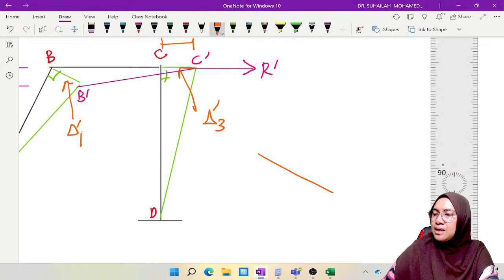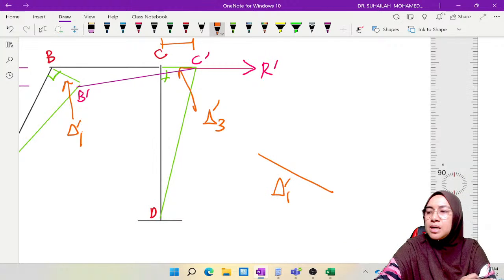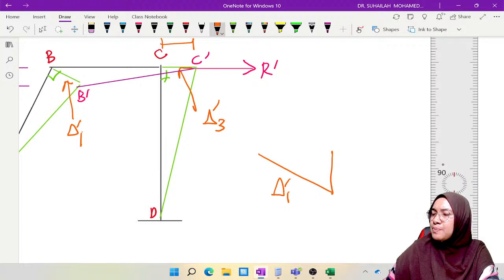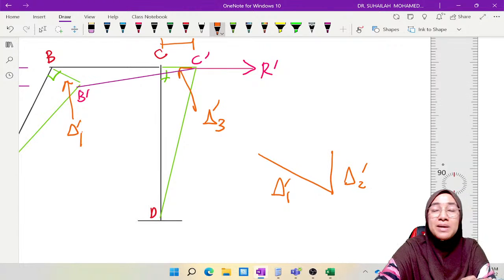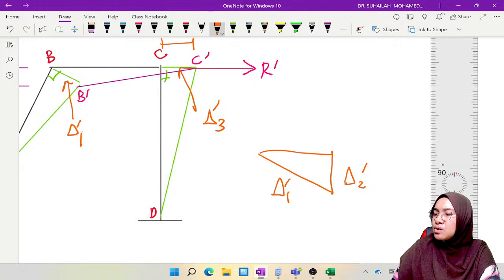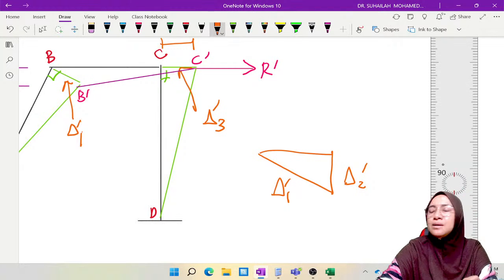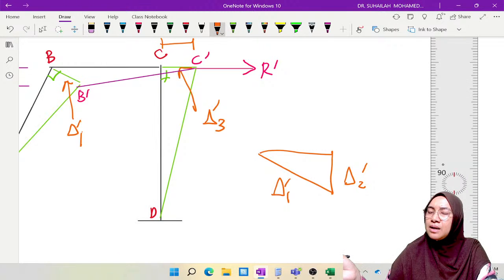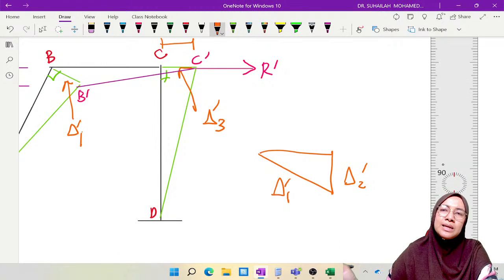The incline represents delta 1 prime, the vertical represents delta 2 prime belonging to the beam, and the horizontal represents delta 3 prime belonging to column CD.